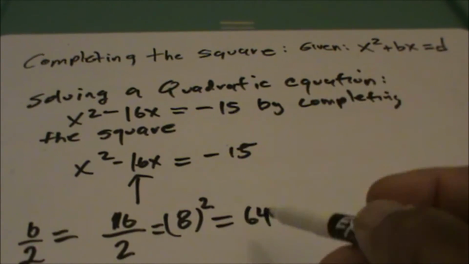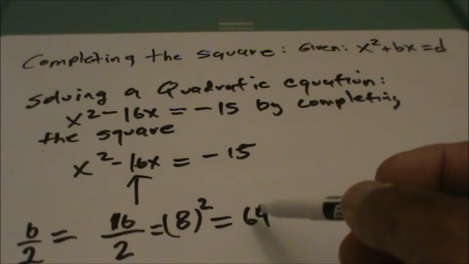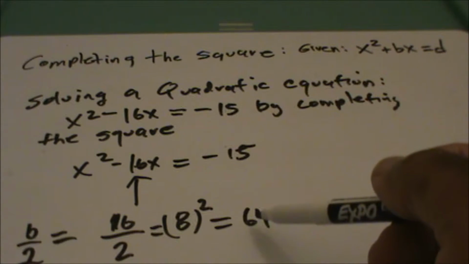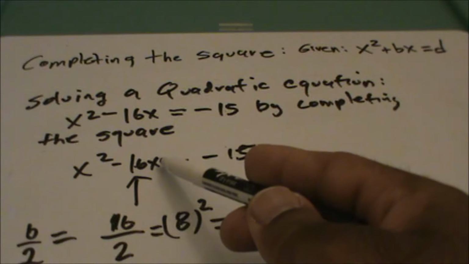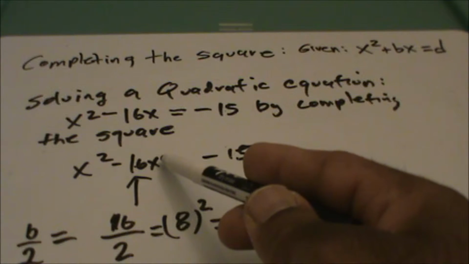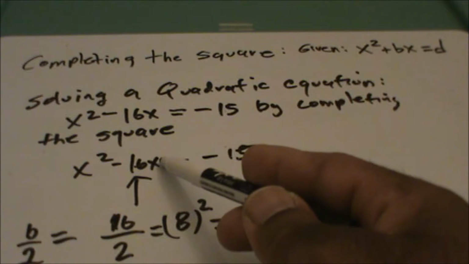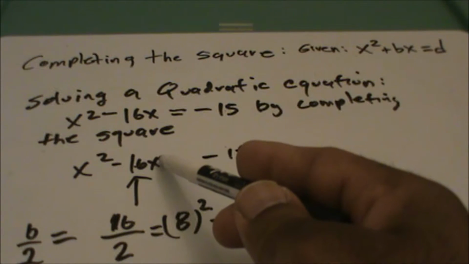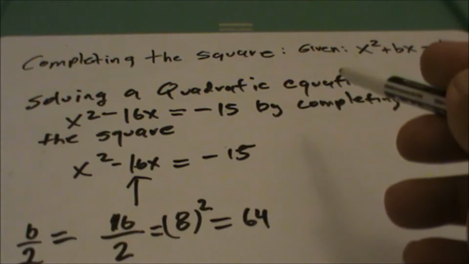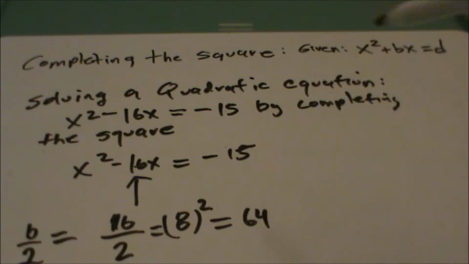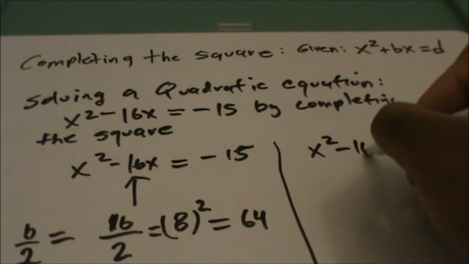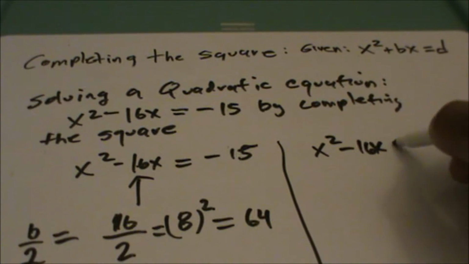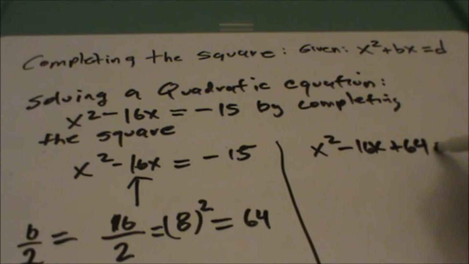Now, in the steps of completing the square, not only do you add 64 on the left side of the equation, you also have to add 64 on the right side of the equation, like so. x squared minus 16x plus 64 equals negative 15 plus 64.